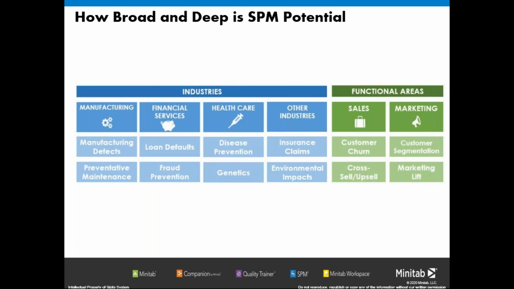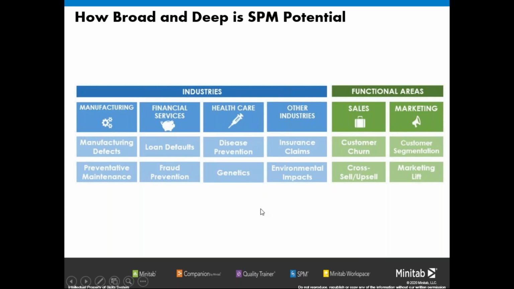Okay, basically SPM can be implemented in various industries. For example, manufacturing: maybe you want to know about defects, or you want to do preventive maintenance. Or maybe you are from financial services and want to do loan default prediction.